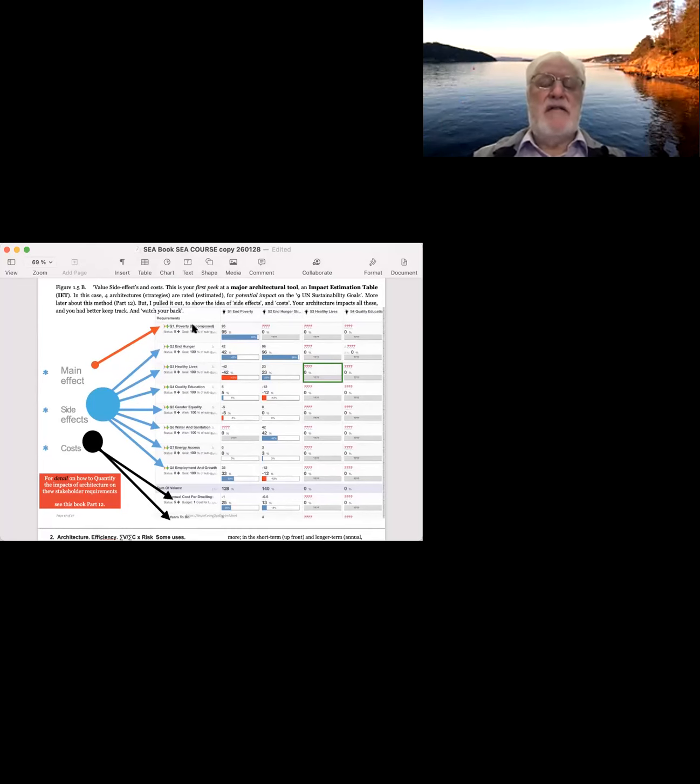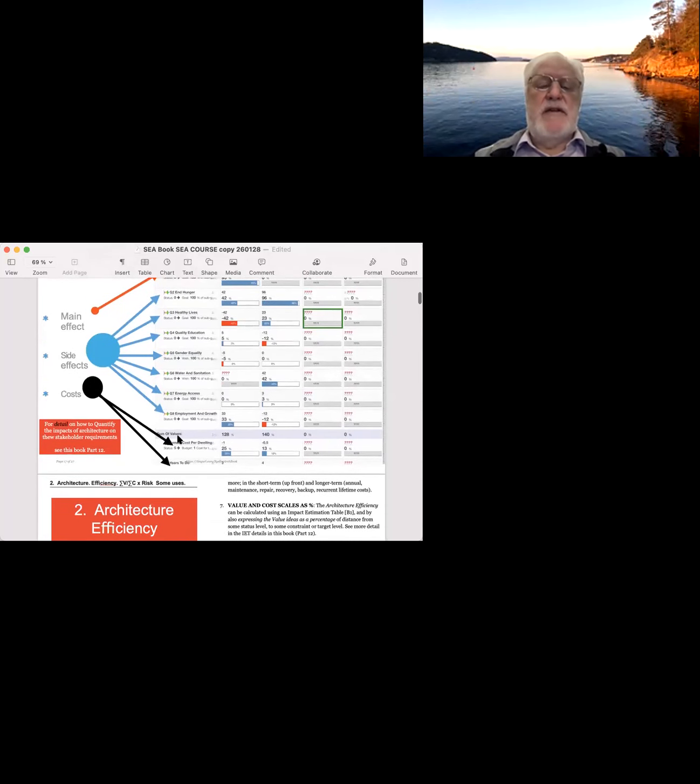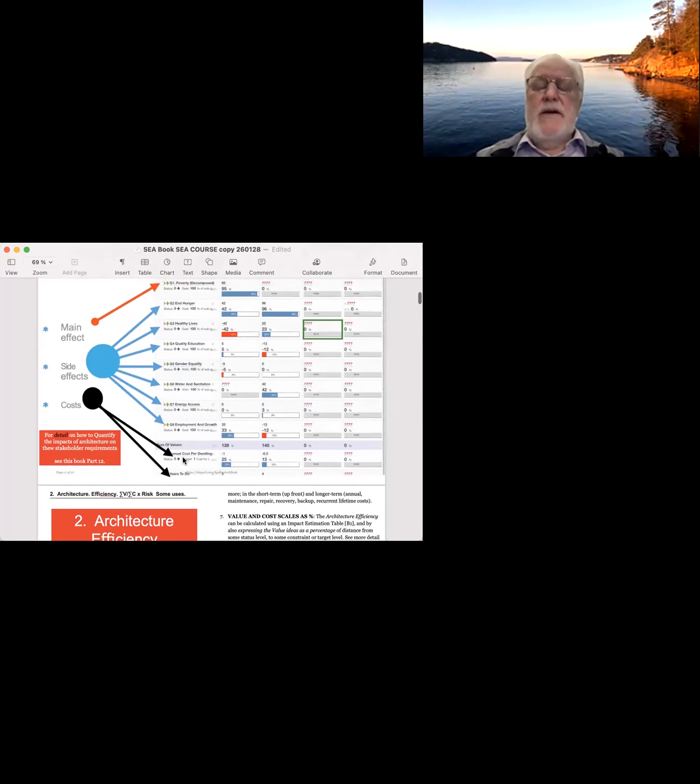So think about these as components of a body where if any one of them is not good enough, your entire system is dead. This is why we call it system engineering architecture, because we are forcing ourselves to look at the whole system, all of the architecture, all of the objectives, multidimensional objectives, and all of the costs.